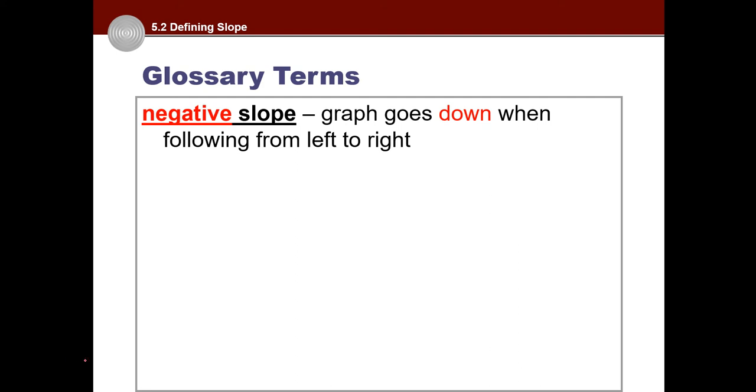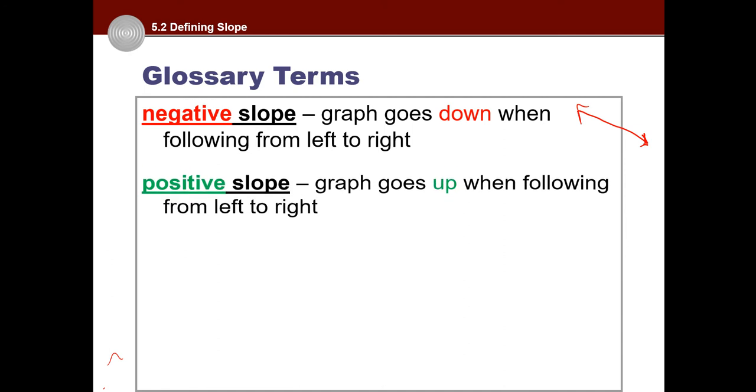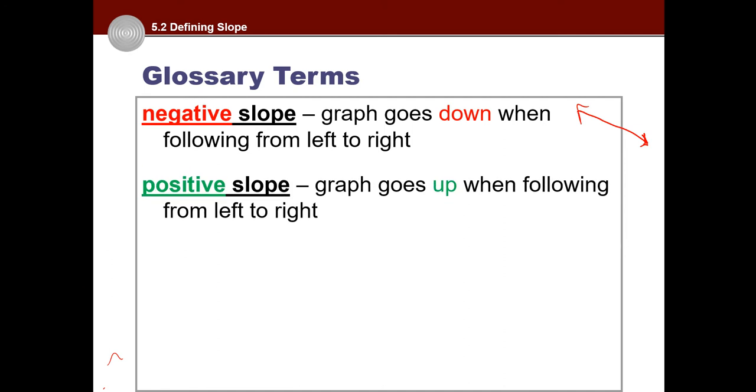So if I have a negative slope line, that's going down from left to right. You need an example, that's what we're talking about there. A positive slope, do that one in green, goes up when following it left to right. Goes up, goes down. That's the difference between your positive and negative slopes.